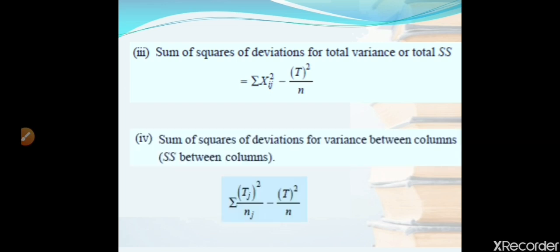Next we will take the total of different columns and then obtain the square of each column total and divide each squared value by the number of items in the concerning column and take the total of the result obtained. Then we will subtract the correction factor from this total, and that would be our sum of squares of deviations for variance between columns, SS between columns.